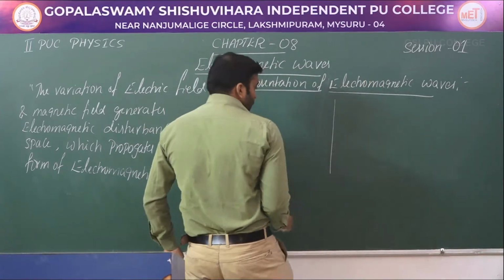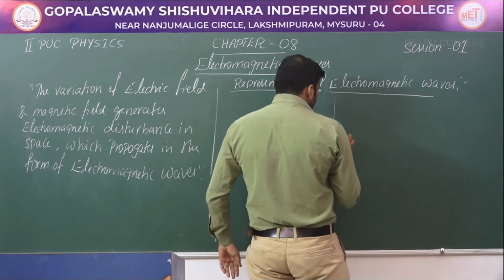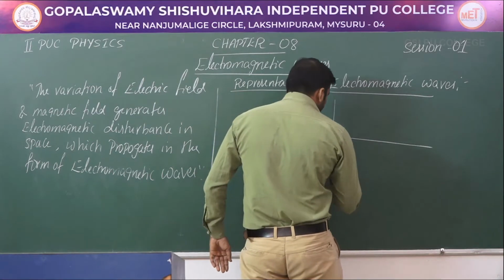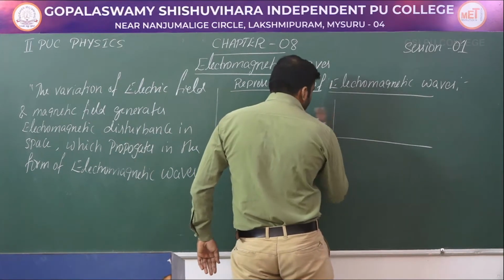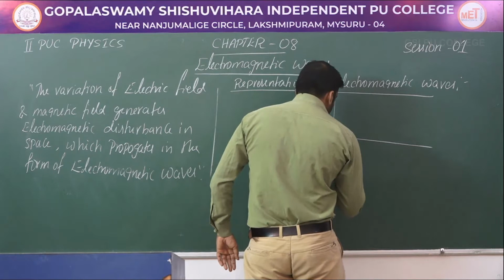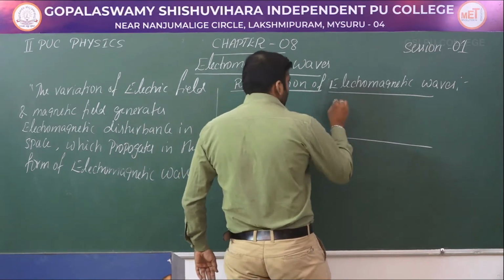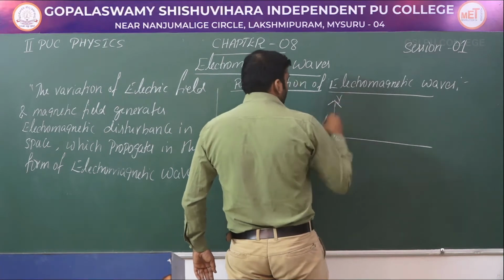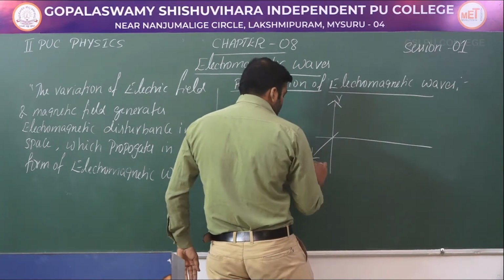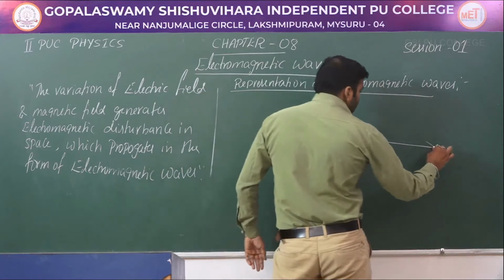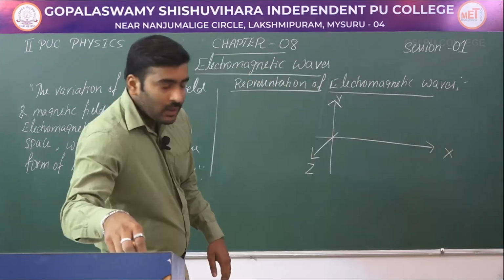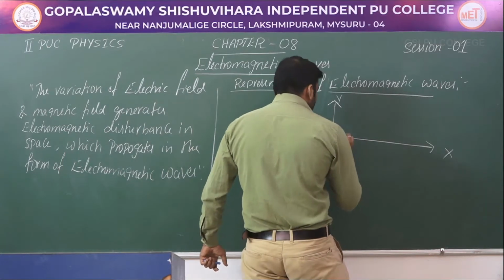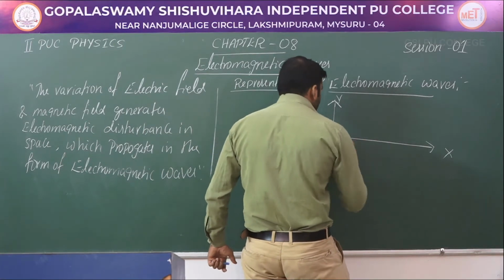It consists of electric and magnetic disturbances, the electric and magnetic field vectors which are propagating in space. Consider this as y-axis, this is z-axis, and this is x-axis. Now let us represent a wave. Let me represent the electric wave vector in the xy plane.